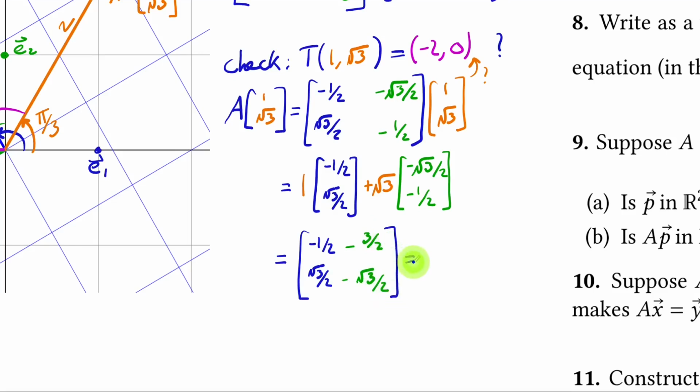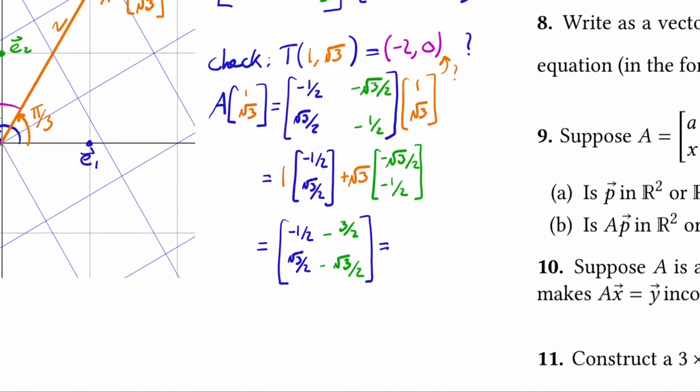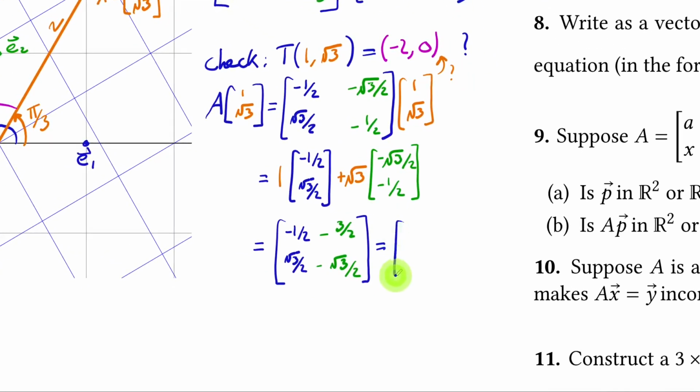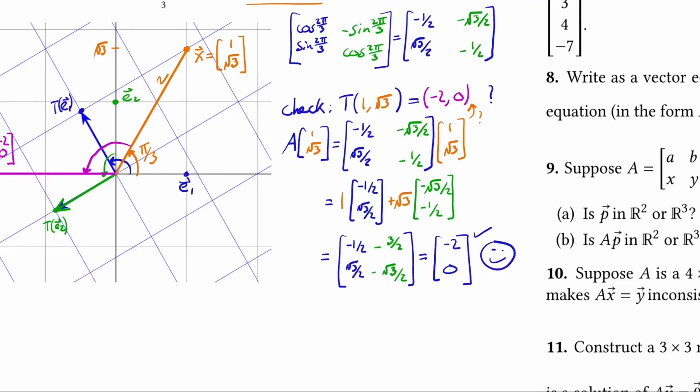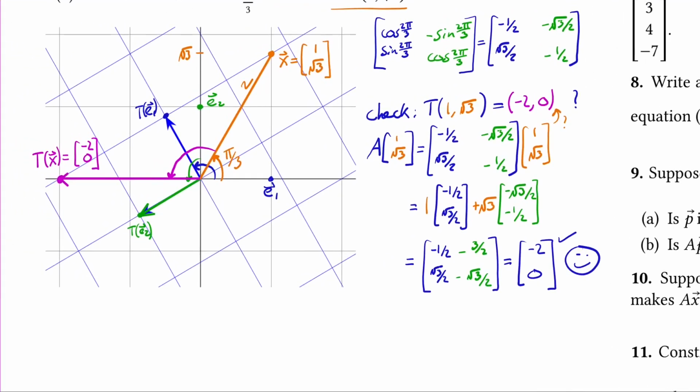And sure enough, this linear combination works out to be -2 as the first component, and the second component is 0. Yay.